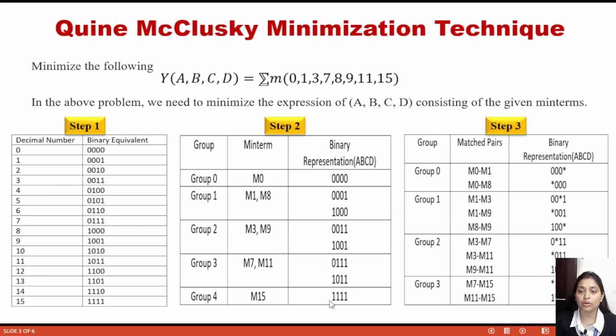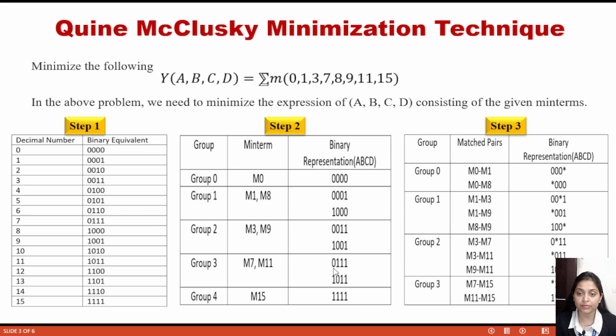Okay, so now we will go to the next comparisons, M7 M15 and M11 M15. Here in M7 M15, M7 is 0111 and M15 is 1111.